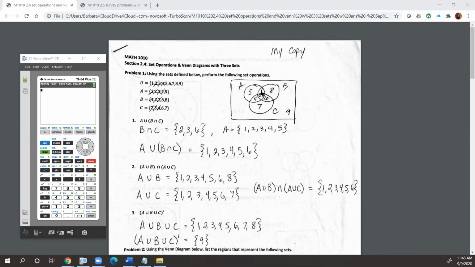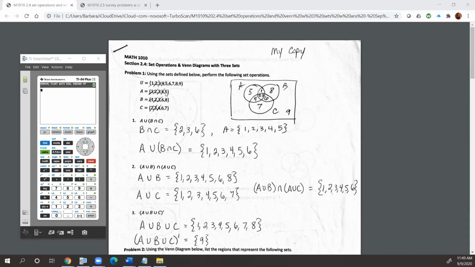Then we look at A and C. What's common to A and C, other than 2 and 3, is the number 4. And what's common to B and C, other than 2 and 3, which is already in there, is the number 6.